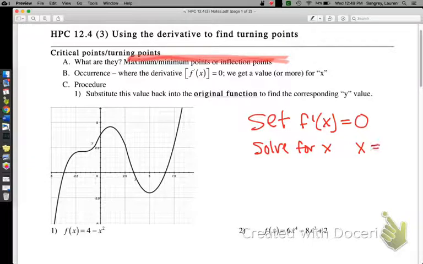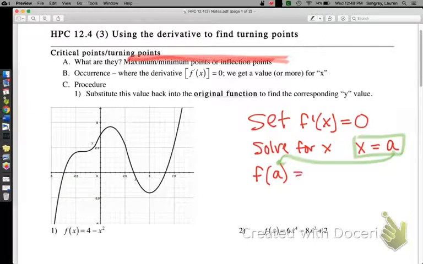And let's say the result is that x equals a. So a represents what we get when we solve for x, right? So then the next thing to do is to evaluate the function at the value that you just got when you solve for x. Okay?